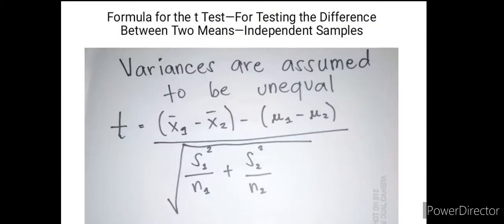And now, this is the formula for testing the difference between two means of independent samples using the t-test if the variances are assumed to be unequal.